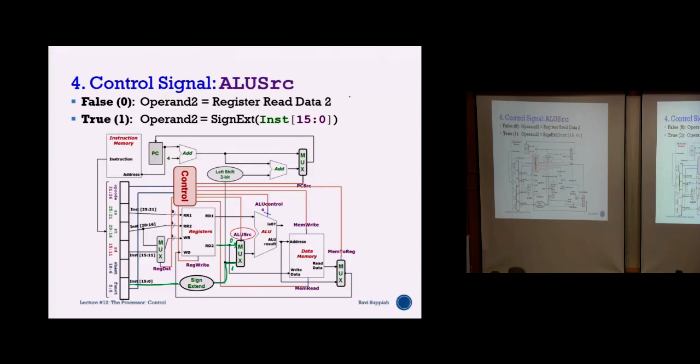For example, for an R-type instruction, definitely I will take from my read register 2. If it's an I-type instruction doing some operation, then I will take from the 16-bit sign extended value over here. So this 0 and 1 tells us whether the second ALU source is coming from the register or from the sign extended immediate value.